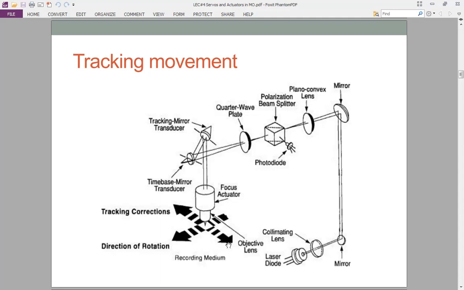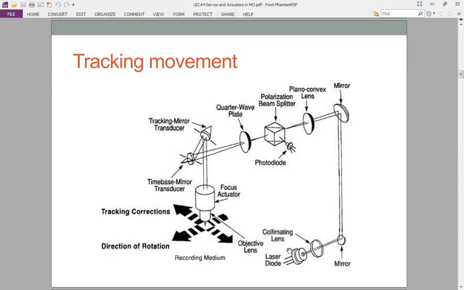So the tracking correction simply locates the correct lane or the correct track. And of course, we shall talk about focus servo later. The focus servo monitors the up and down movement. So we have up and down movement, and we have the radial movement, which is now the tracking correction.